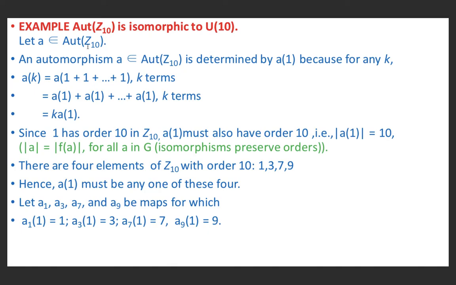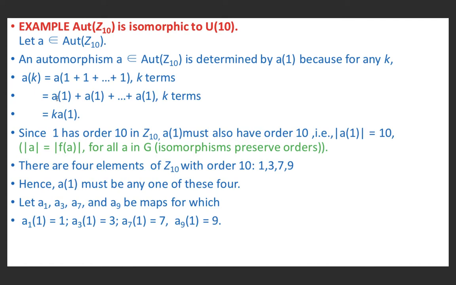Let A belong to the automorphism group of Z10. An automorphism A in Aut(Z10) is determined by A of 1, because for any k, A of k is equal to A of 1 plus 1 plus 1 up to k terms. This is nothing but A1 plus A1 plus A1 up to k terms, because A preserves the group operation, and the group operation in Z10 is addition modulo 10.